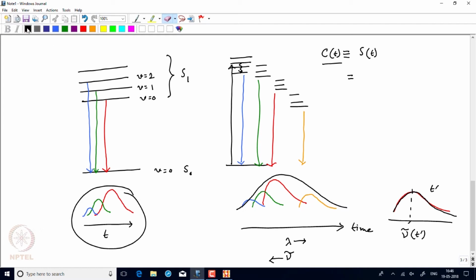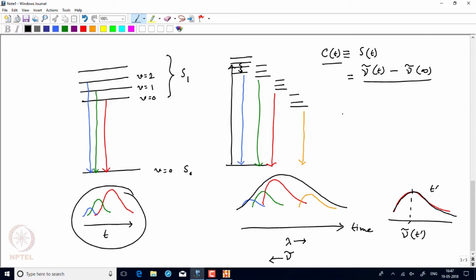So the spectral solvation correlation function is defined as the spectral position at time t minus the spectral position at infinite time, which corresponds to the time when the molecule has fully relaxed, divided by, and we always want to normalize it. Now how do you normalize it?